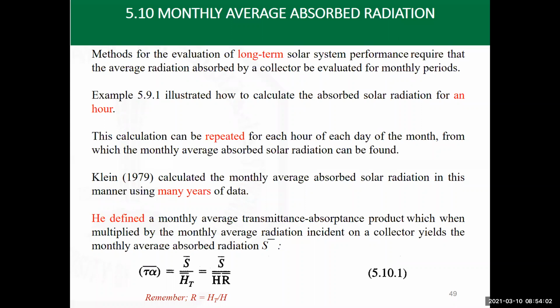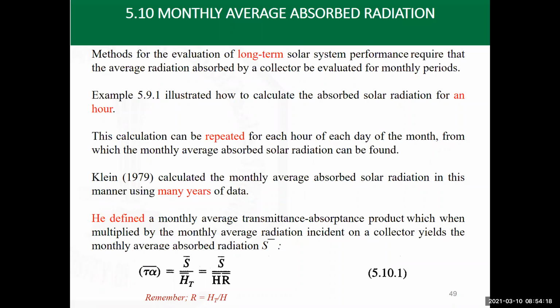It would be easier to handle it on a monthly basis, so that whatever we have done in the previous example, we need to consider it to be done as average components over a month.